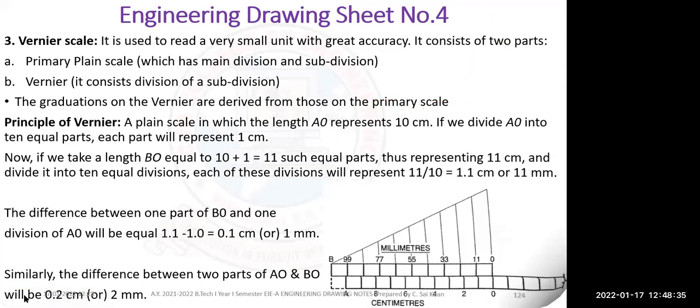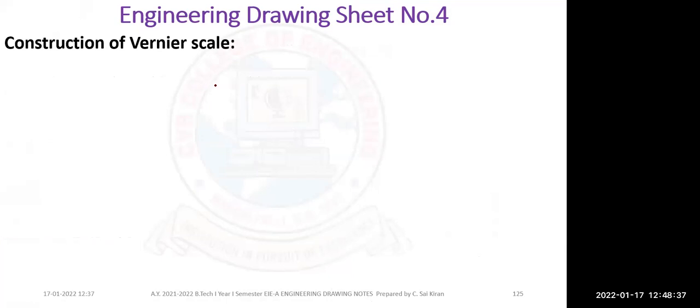I'll give one more problem. Suppose I'm solving 1.67 meters. I need it in the backward Vernier and forward Vernier. What will be the value? How to divide? This is my backward Vernier, this is my forward Vernier. How to divide 1.67 meters?